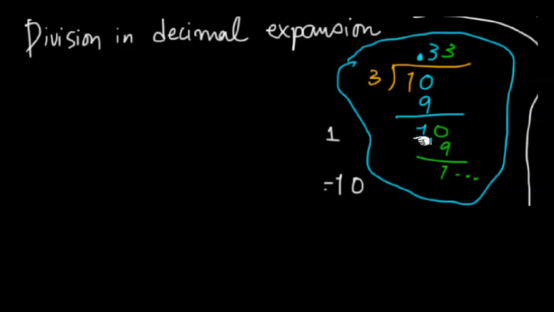You subtract off and multiply by 10, which is the same as putting a 0 there, and you repeat this process again and again. And this number here is supposed to be the decimal expansion, or decimal approximation, of 1 divided by 3.